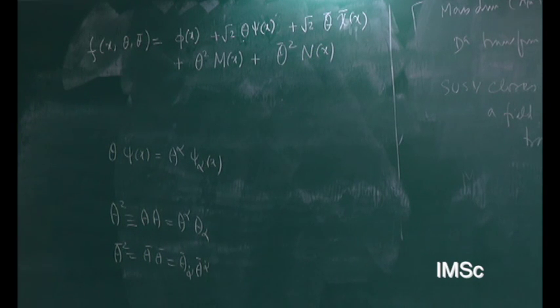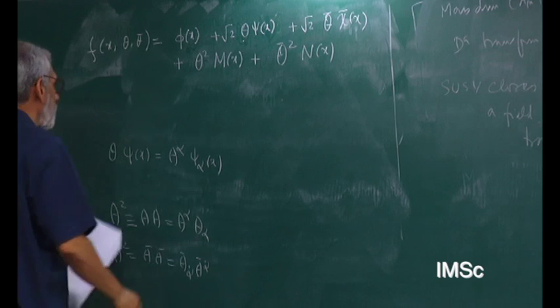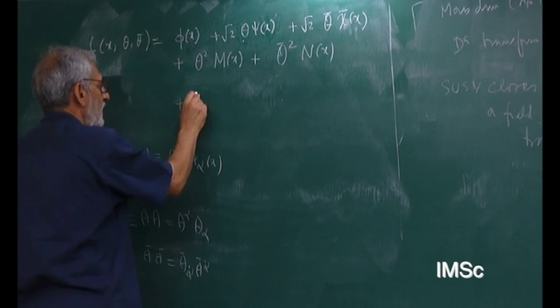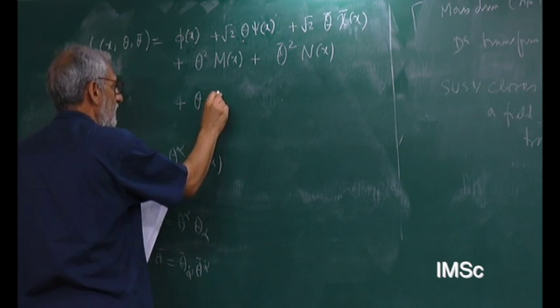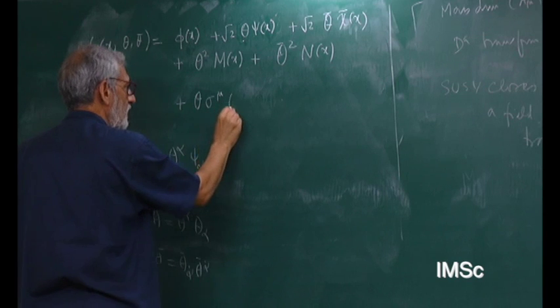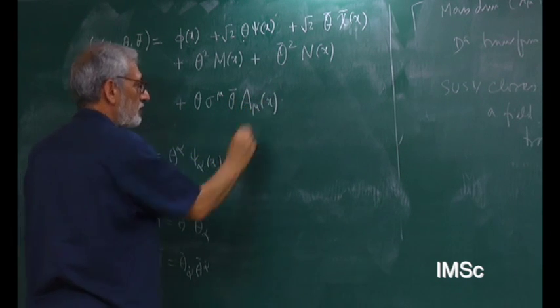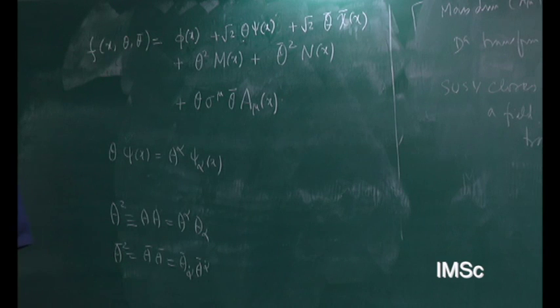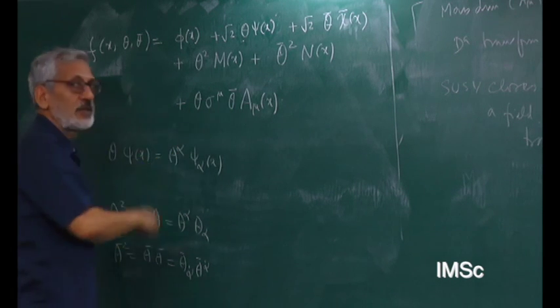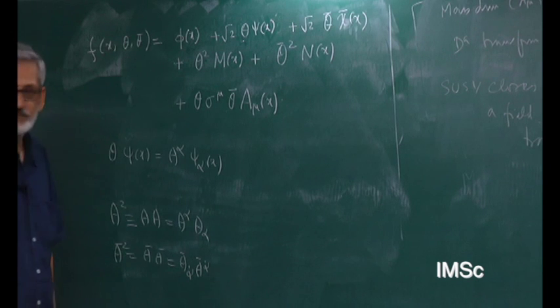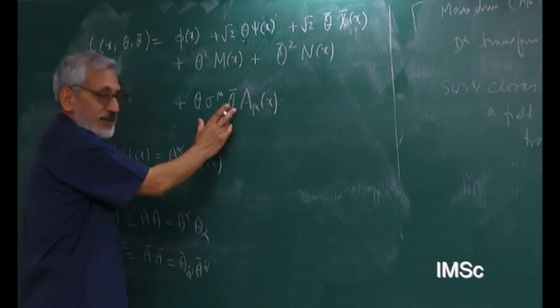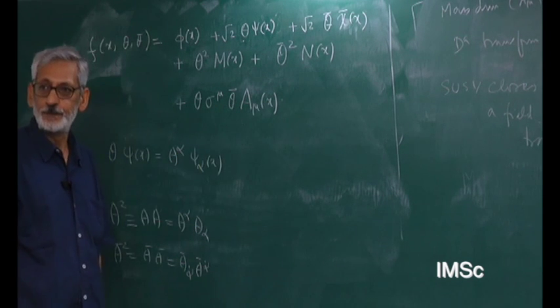So two thetas. Then I could write another two-theta piece, theta sigma mu theta bar times A mu of x. That's also a Lorentz invariant object I can construct with two thetas. I contract a Lorentz vector with a Lorentz vector.